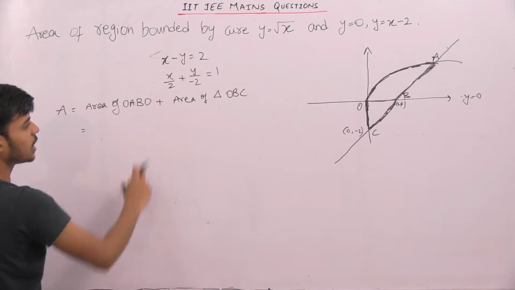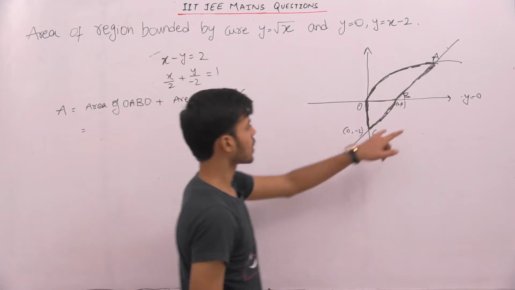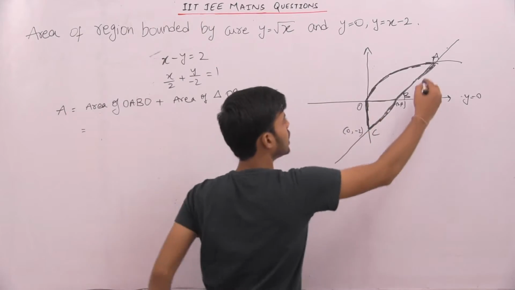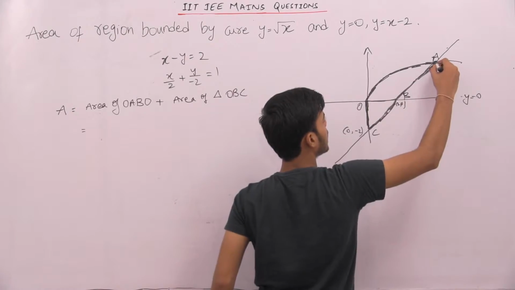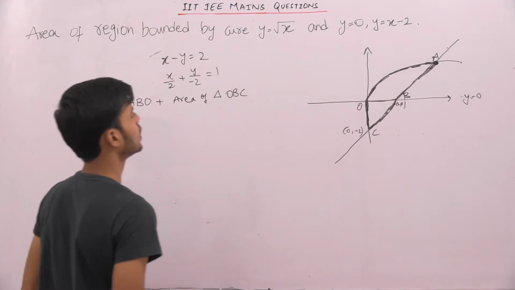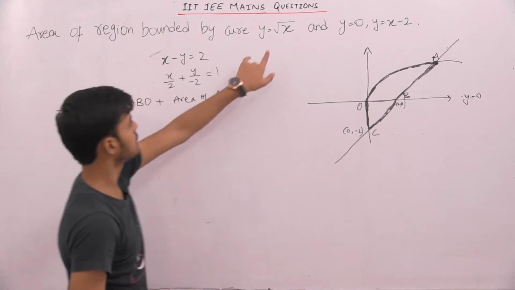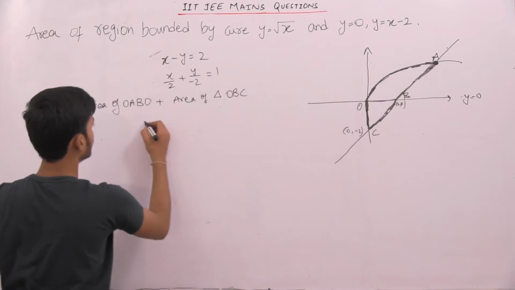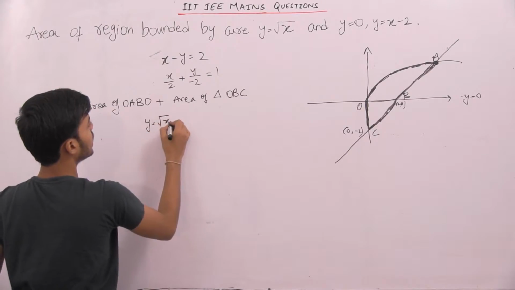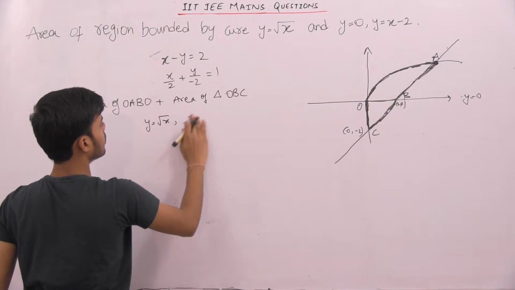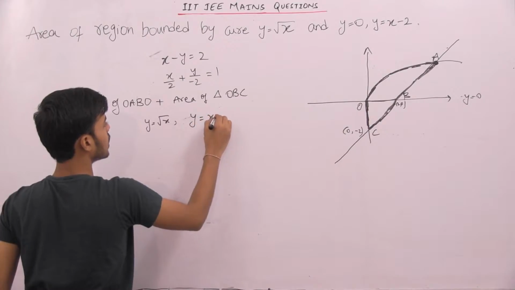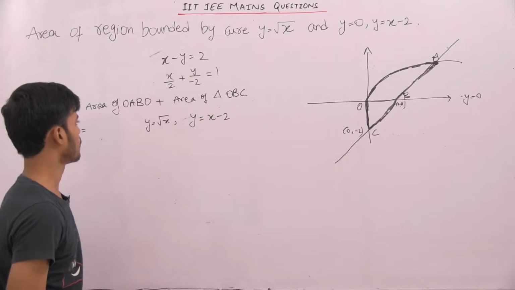Now we have to find the point A, and point B we already know, which is (2, 0). A is the intersection of y equals root x and y equals x minus 2.